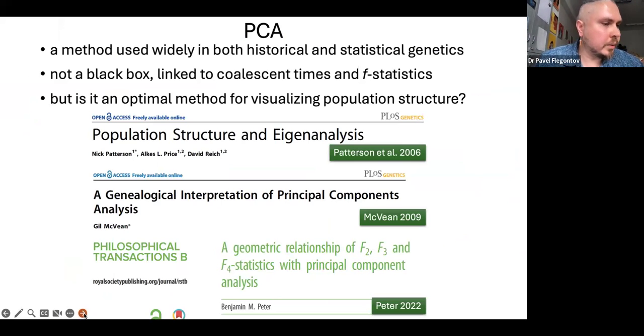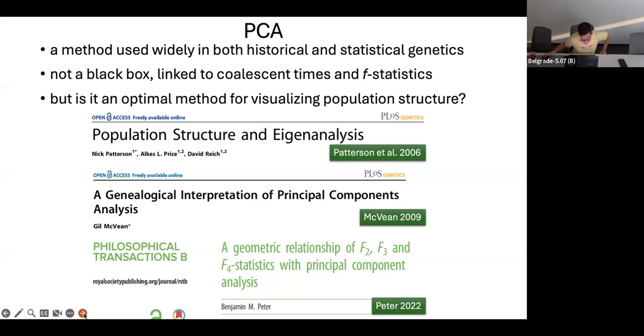okay, so I decided to talk about PCA because PCA is a method we all use for getting an overview of population structure, and it's widely used in both historical and statistical genetics. In statistical genetics, it's used for stratifying groups, let's say for stratifying cases and controls by their ancestry profiles and so on. And this method is not a black box, unlike, for example, these variational autoencoders.